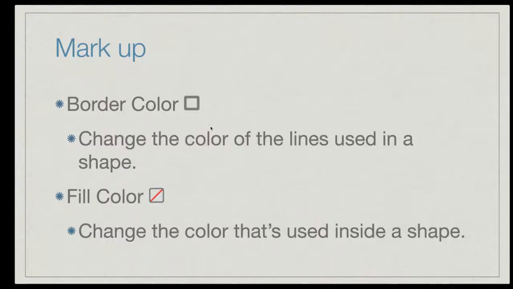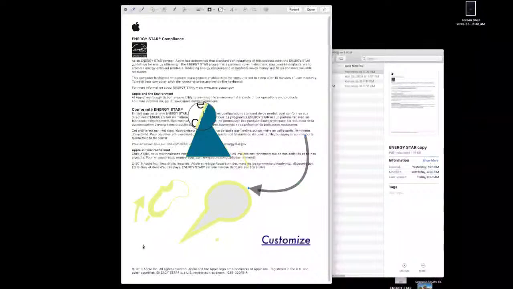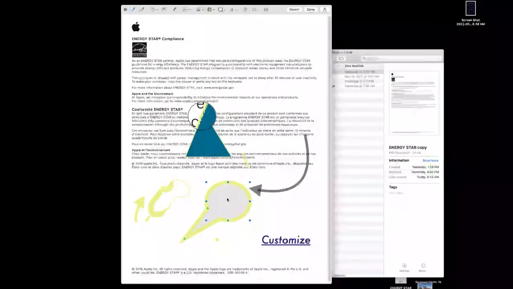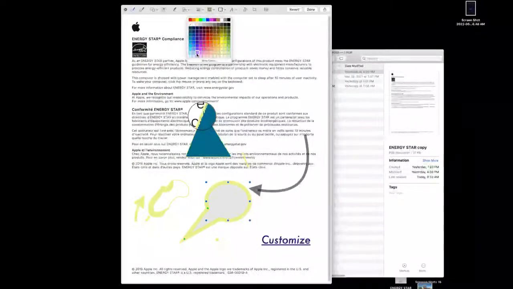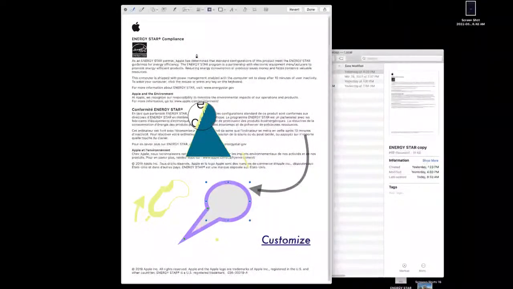So now we will go back to the desktop. And so we'll select our speech bubble here, and we'll click on the border tool. You can see, I don't know if you can tell, but it actually is yellow up here. So we'll change that to blue. There you have it.